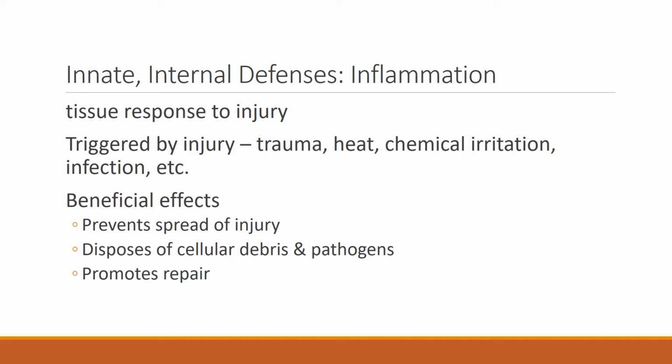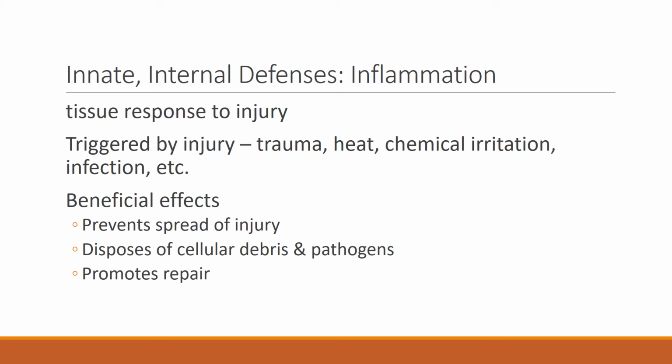Inflammation is our local response to some type of injury or infection, and it's going to activate a lot of those cells that we've been talking about. The main function of inflammation is to destroy or inactivate foreign invaders and to set the stage for tissue repair. Inflammation is triggered by different types of injury, including trauma, heat injury, chemicals, radiation, infections, among many others.